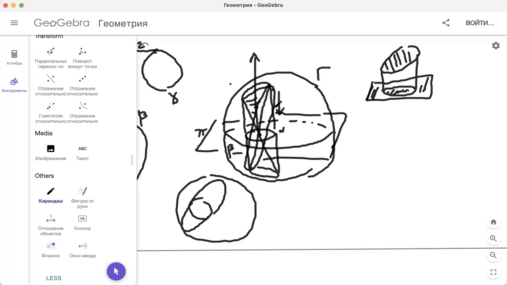So since these planes of the circles form a fixed angle with this plane pi, their projections, these ellipses, will have the same eccentricity. So they're similar.